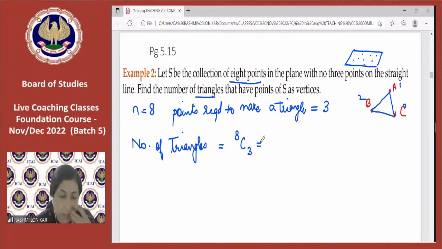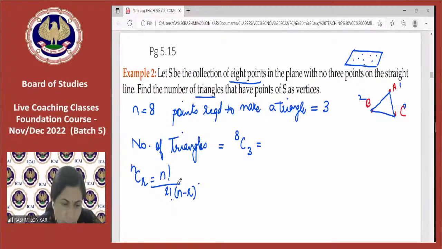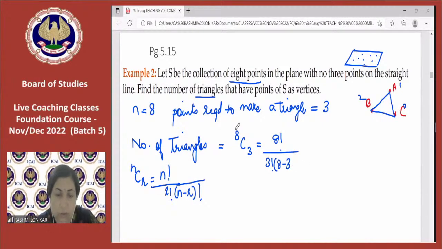How much is 8C3? What is my formula? NCR is equal to N factorial upon R factorial into N minus R factorial. This is 8 factorial upon 3 factorial and 8 minus 3 factorial. Here my N is 8, R is 3.